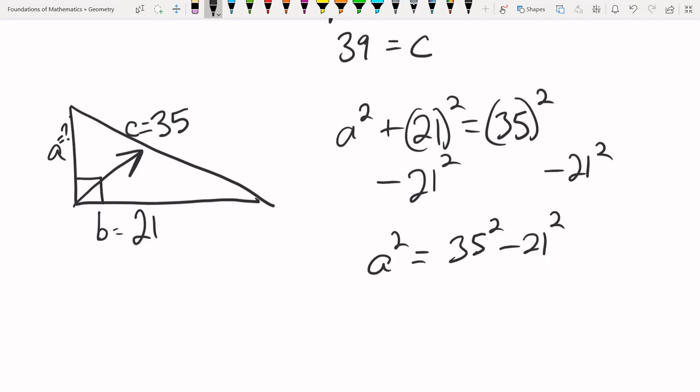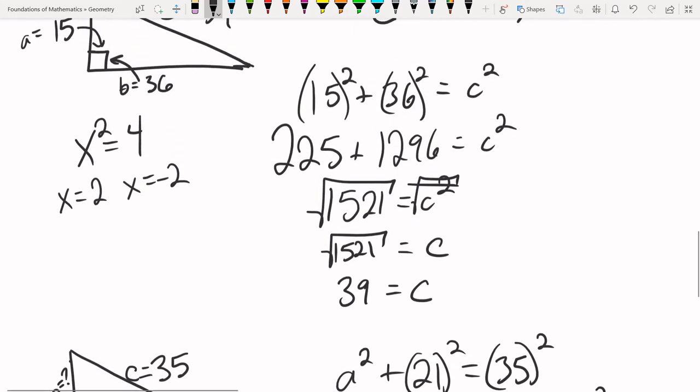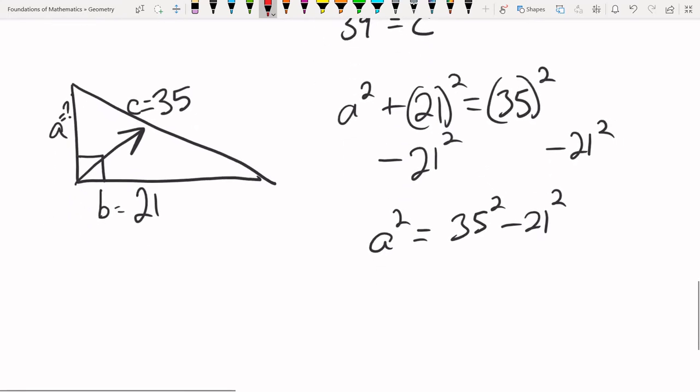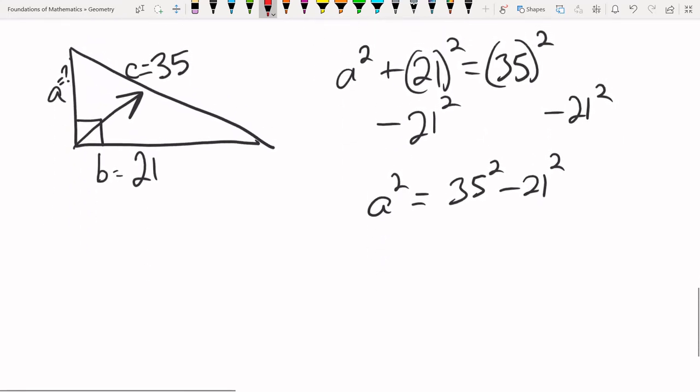So this is very different than the previous one. In that previous one, we just added them up. So here we added the two legs together. This is different once again because we know the hypotenuse, and so we subtract from the hypotenuse a leg.